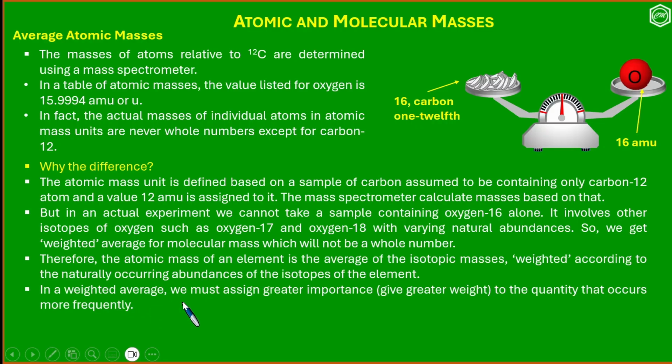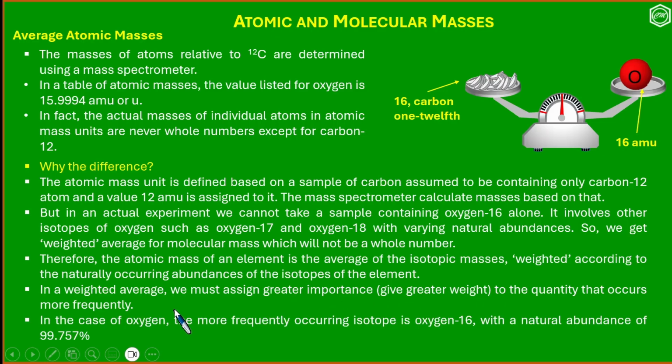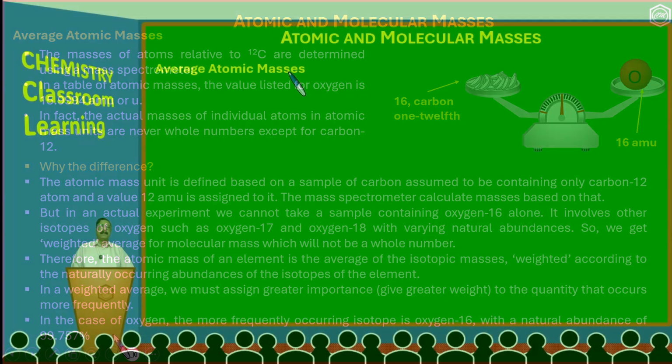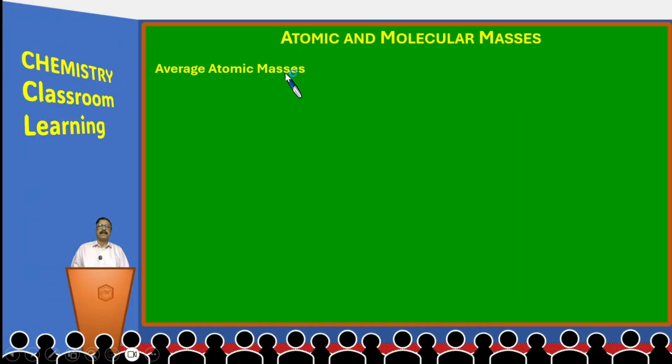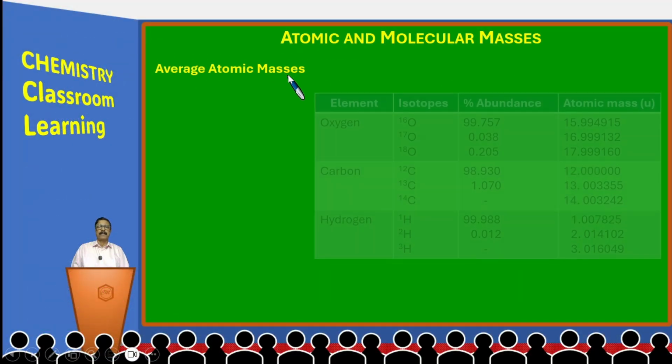In a weighted average, we must assign greater importance, that is, give greater weight to the quantity that occurs more frequently. In the case of oxygen, the more frequently occurring isotope is oxygen-16 with a natural abundance of 99.757%.